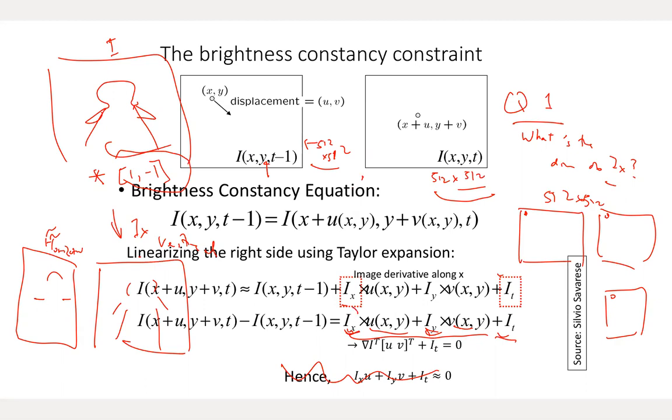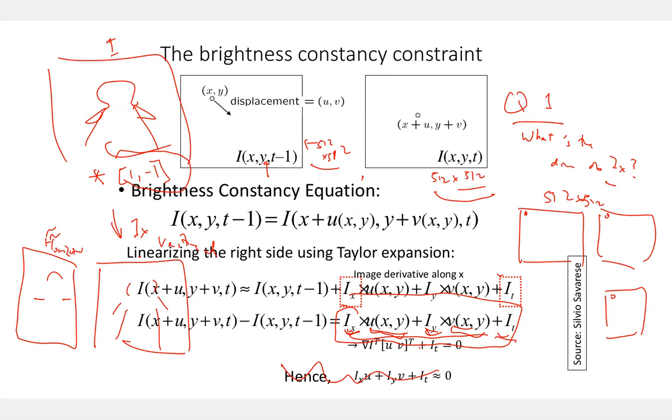So anyway, we want this equation to be satisfied for every pixel. But you see this u x y here; for each pixel I can have a different u x y, so there are a lot of variables, the entire image of variables.